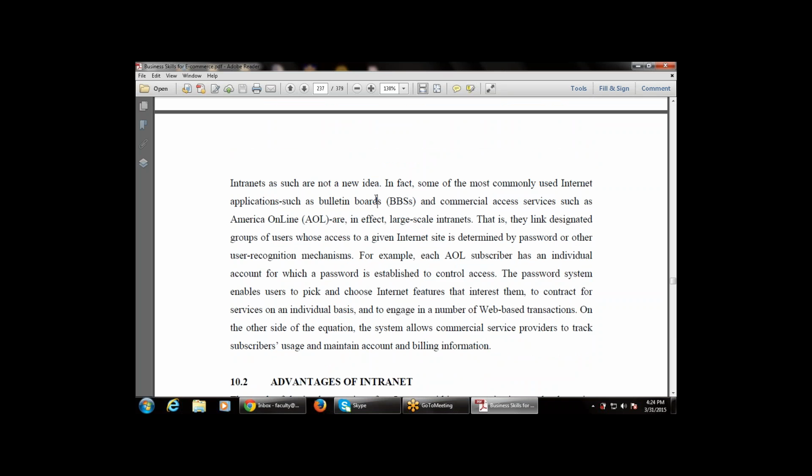That is, the intranets link designated groups of users whose access to a given intranet site is determined by a password or other user recognition mechanism. This is the example: whenever anyone can access the network within an organization, that is done by the intranet.